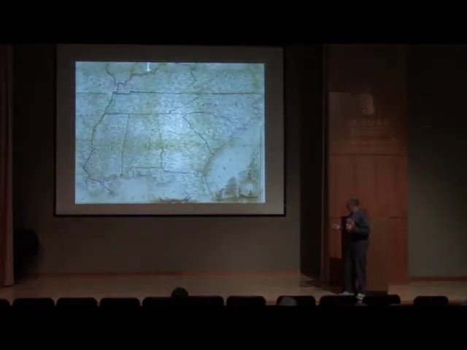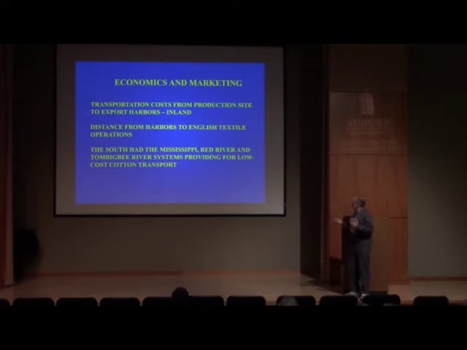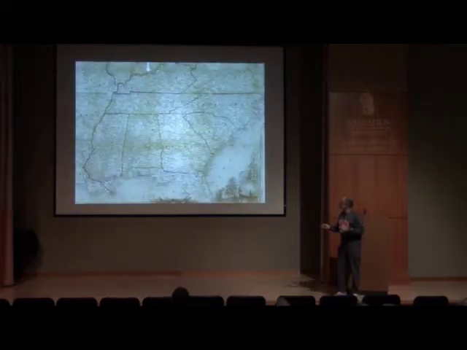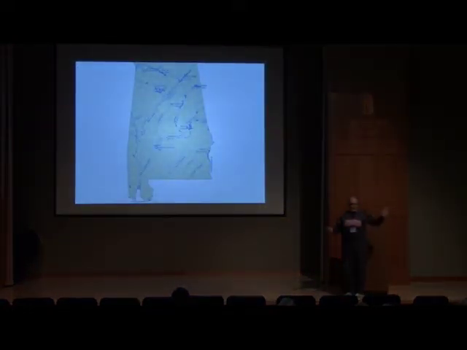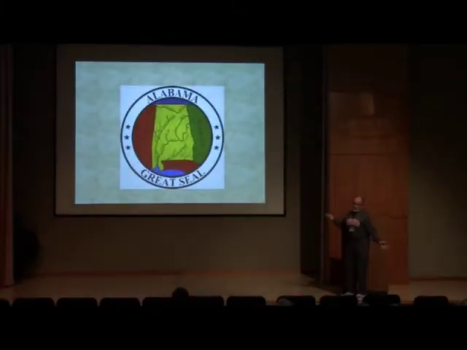The South had the Mississippi, Red River, Tombigbee, and so forth, and low cost of transportation. We can see this in the map, and Charlie already covered the significance of this. All I have to say is it is so important that it is in our coat of arms. There it is. I don't think any other state has anything like this. That really was critical for the development of the economy of the state.